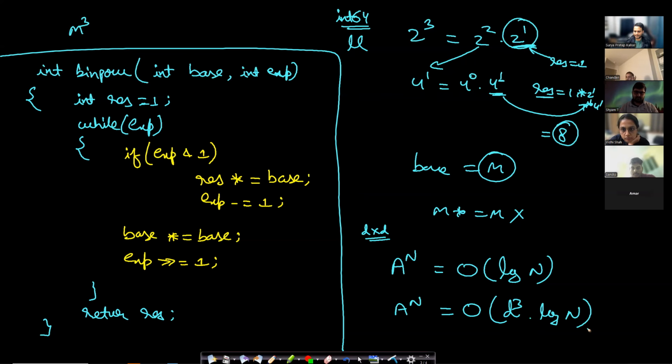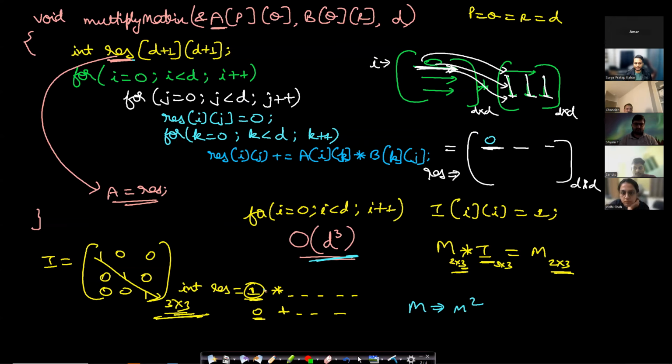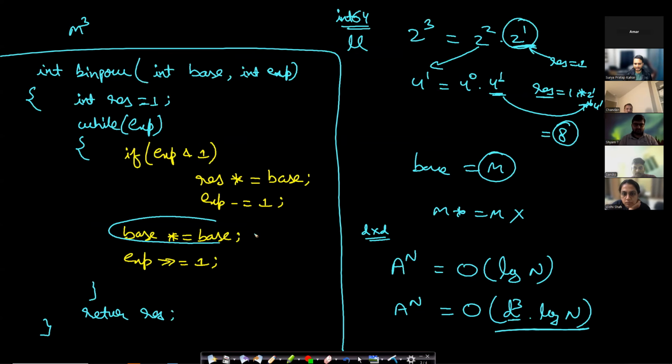For the matrix exponentiation, it should take d cube times log n because d cube is done in every matrix multiply code. This code. What do you think? Right? Because this step is taking order of one here. This one is taking order of one in case of binary exponentiation. But in case of base being a matrix, it will not be order of one. It will be d cube time complexity where d is the row and column.